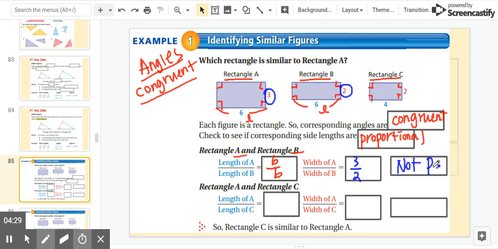Not proportional. What about length of A and C? It's 6 to 4. What about the width? We have 3 to 2. Do you think 6 to 4 and 3 to 2 is proportional? Yes, it is proportional. So rectangles A and C are similar.